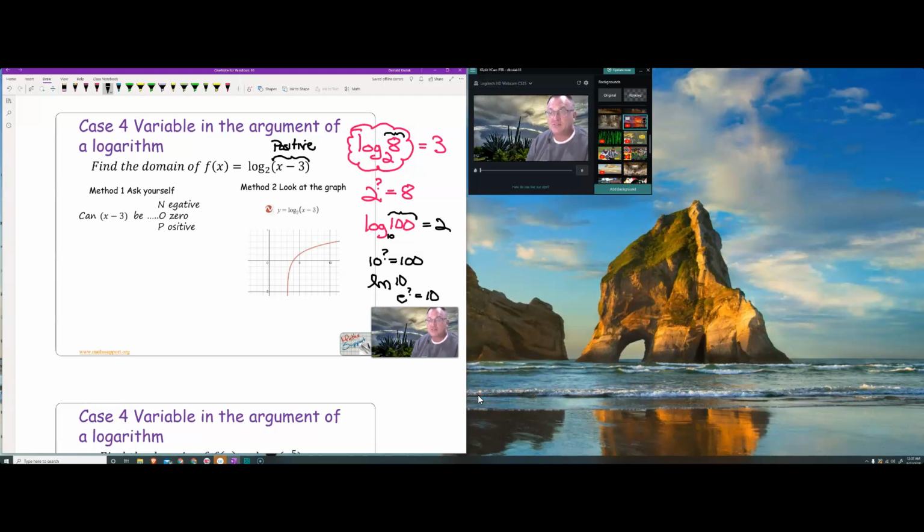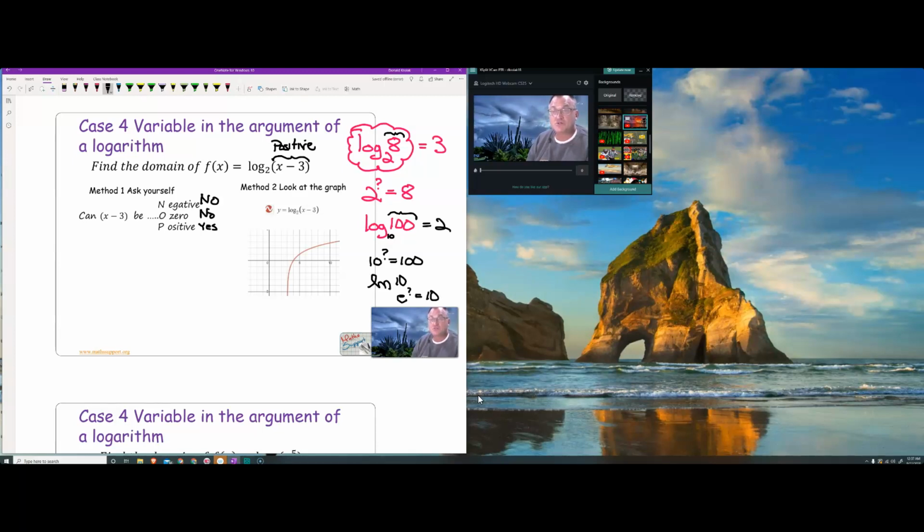So x minus 3 must be positive. The result of it can't be 0 because there is no exponent I can put on 2 to turn it into 0. Doesn't exist. Okay? There is no exponent I can put on 2 to turn it into a negative number. It doesn't exist.